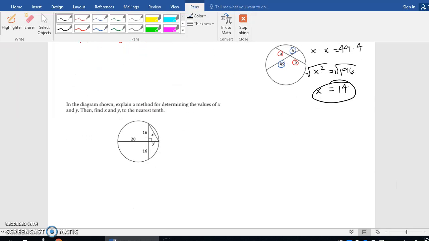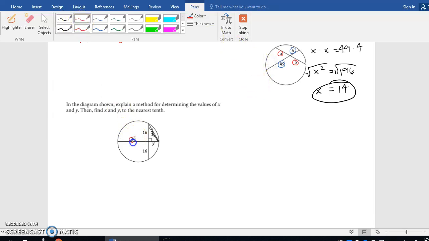Last one. In the diagram shown, explain a method for determining the values of x and y, then find x and y. Well, if you were to just get rid of this little line right here, cover that up, what problem does this look like? Oh, it's just 2 chords intersecting with each other. So we know we can use rule 3 again.